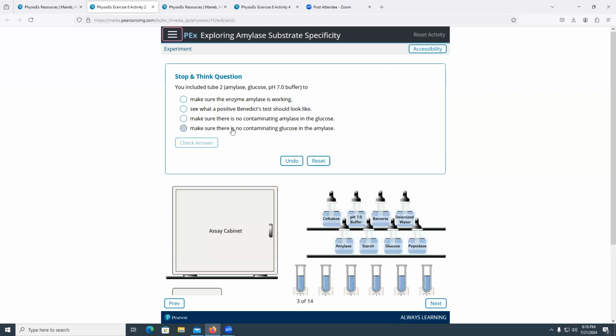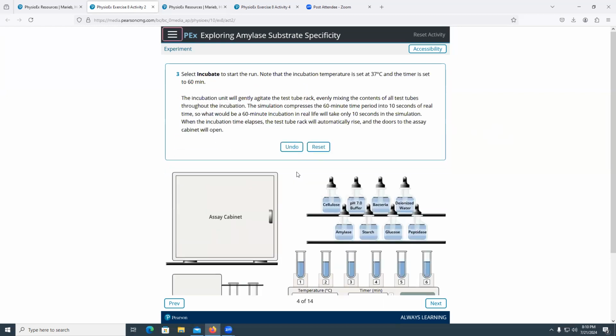And I can't say I don't have contaminating glucose, because I do have glucose. This sounds like a positive Benedict reaction. So that Benedict tests for me whether or not I have reducing sugars like glucose. So when I add the Benedict reaction, it should give me a positive result that there is glucose. So that sounds like a positive control.